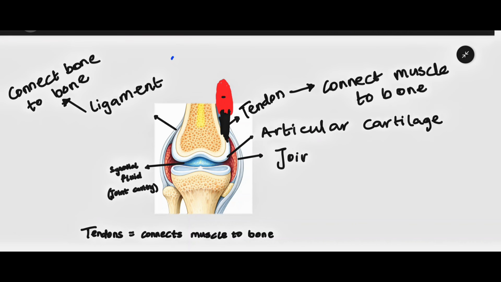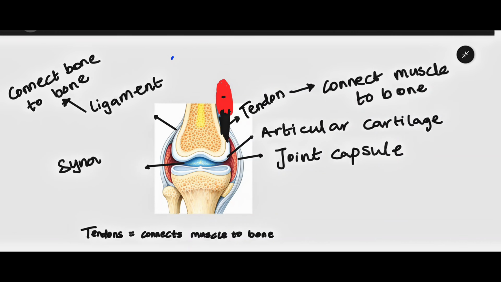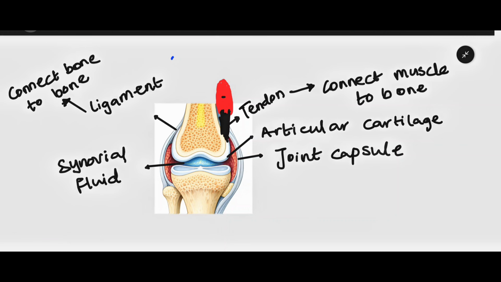First we have the joint capsule, and we have the synovial fluid, which both help to lubricate the joint to also reduce friction. So those are the parts of a synovial joint that you need to know. And always remember, tendons connect muscle to bone, meanwhile ligaments connect bone to bone.